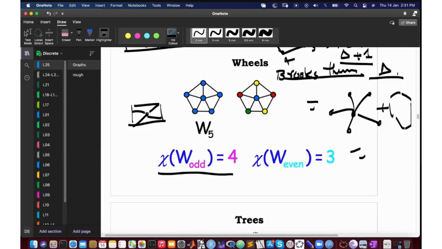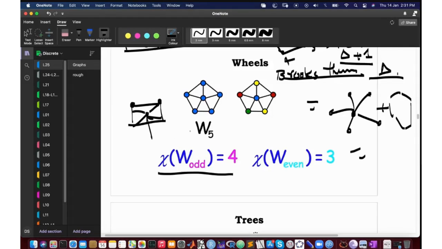How many colors do we need for this? You need a different color for this vertex, and then you will need a color for this. So odd is the length of the outer cycle, because you can color this with 3 colors: 1, 2, 3, 2, 3.